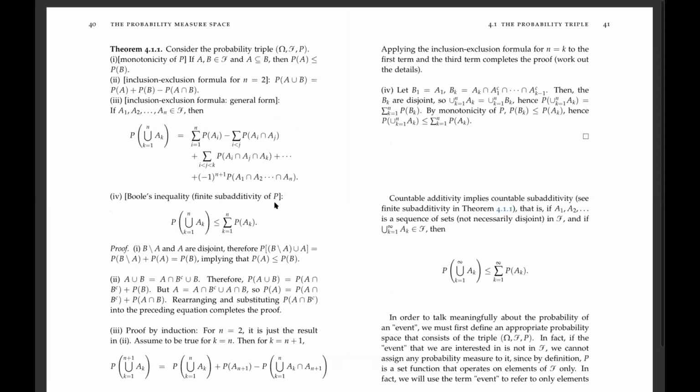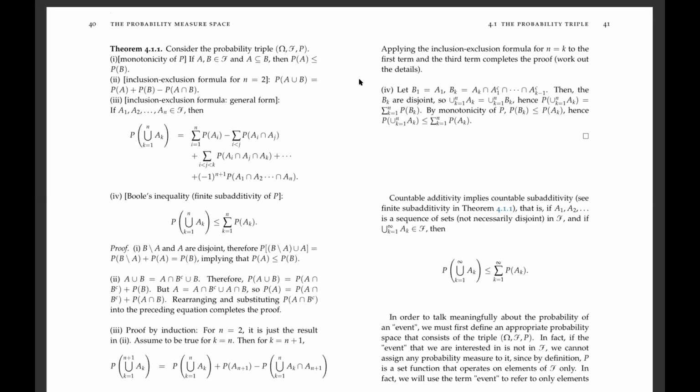Okay, so with that definition, we will be able to derive some results based on that definition, right? So theorem 4.1.1, yeah. You have the following three things which are also familiar to you. One is the monotonicity, right?